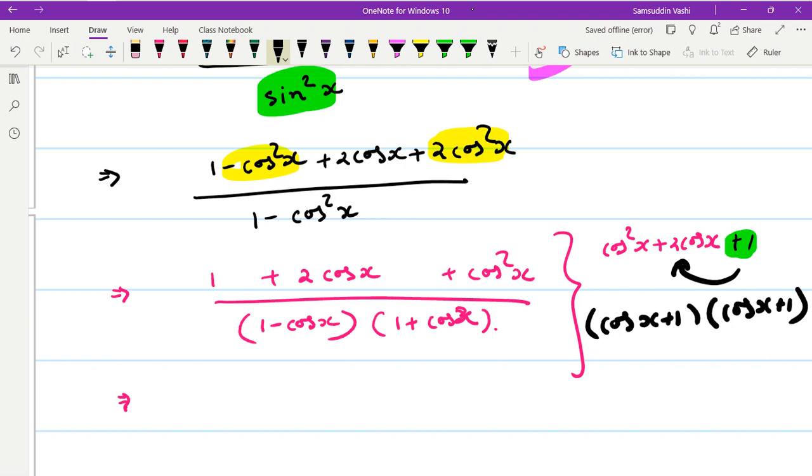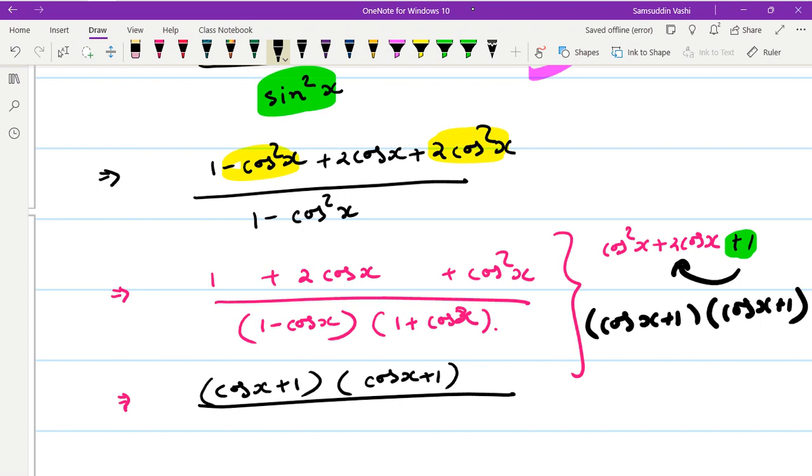Okay. So I write them. Numerator cos x plus 1, another cos x plus 1, denominator 1 minus cos x, 1 plus cos x, no change in the denominator. Okay, now I have everything in multiplication.